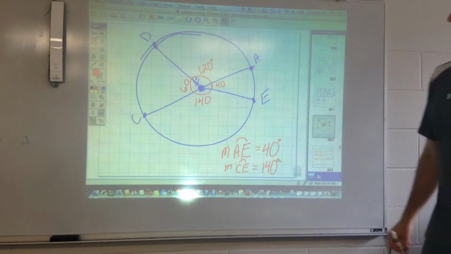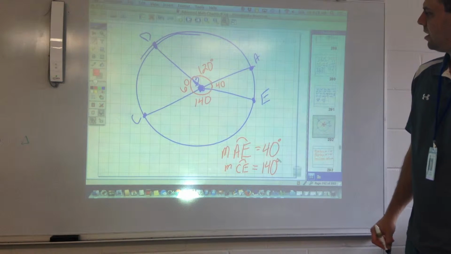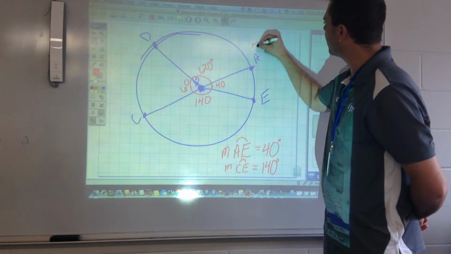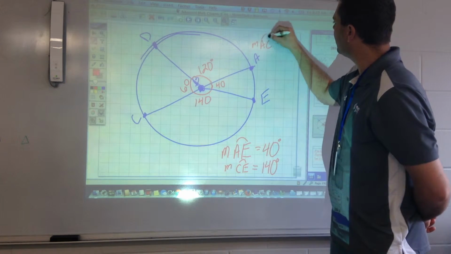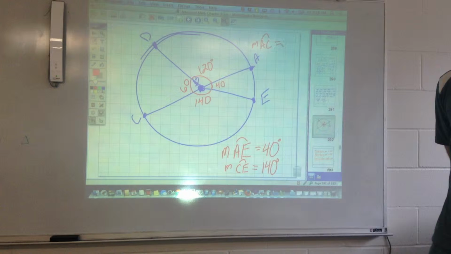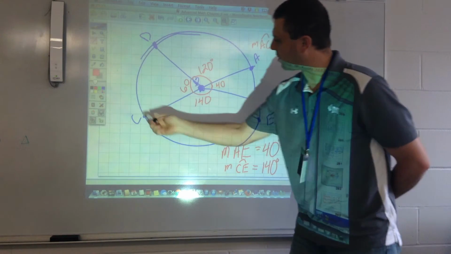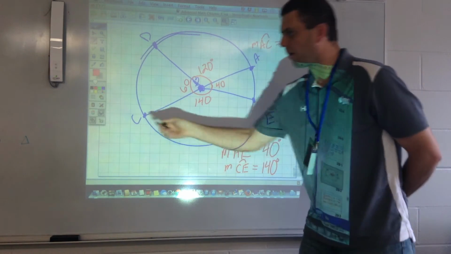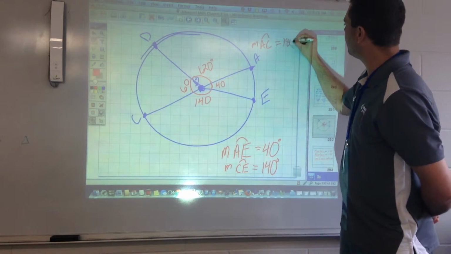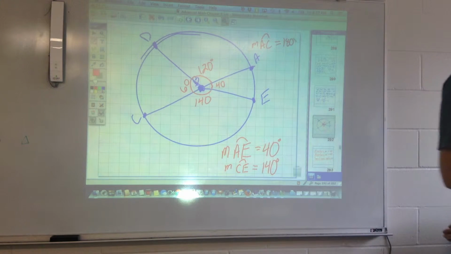How about the measure of the arc AC? It's a semicircle, yeah. From A to C, whether you go that way or that way, that's 180 degrees and therefore a semicircle.